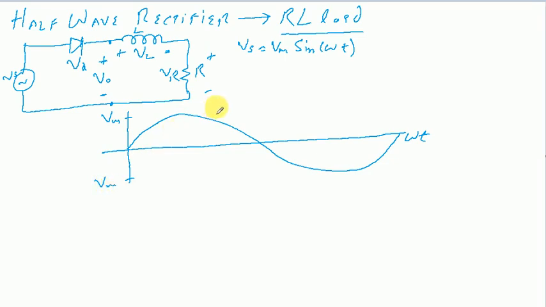This waveform basically represents the source voltage, so we can label it over here as Vs.